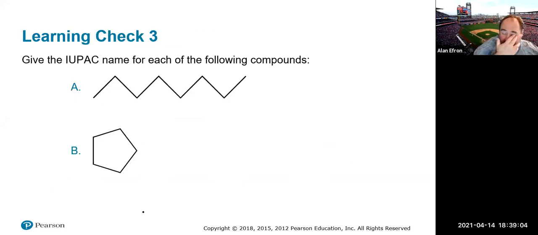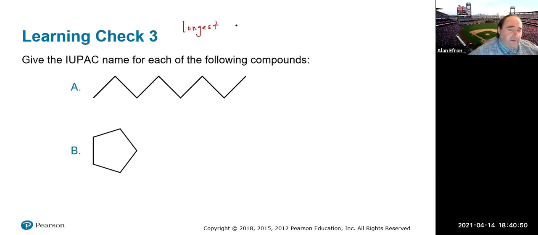All right, take a second here. Why don't you name each of these and we'll talk about it. As we'll see, it's really all about how many carbons. A lot of times the base of most names is how many carbons in a row, the longest continuous carbon chain. It's a very common theme in naming.